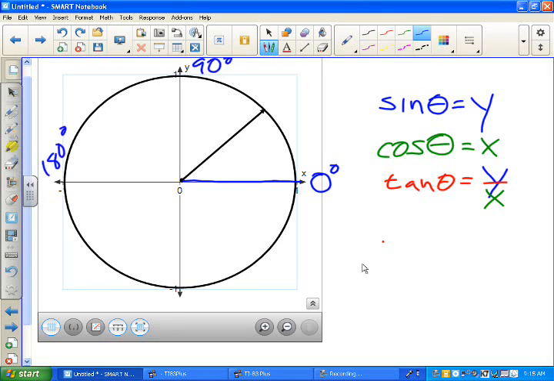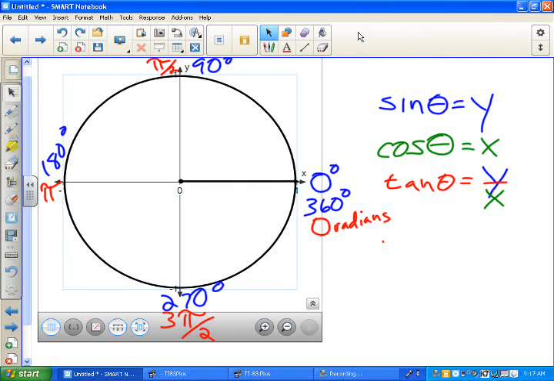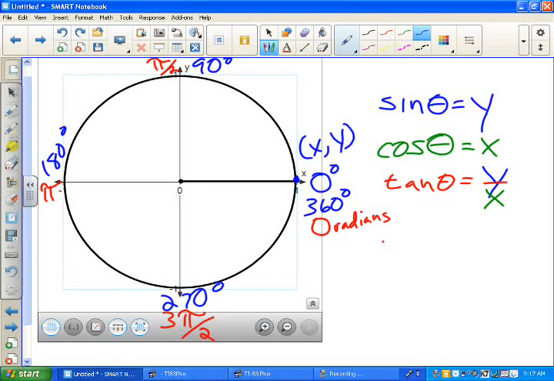When we start at the terminal side of 0 and we move counterclockwise, at the top of the clock is 90 degrees or pi over 2. All the way a straight line across is 180 degrees or pi, and then 270 down at the bottom is also 3 pi over 2.